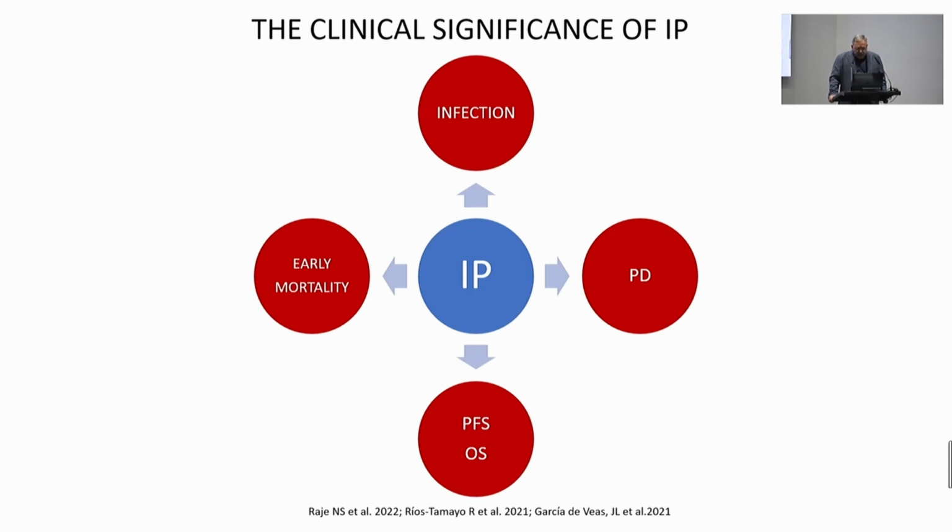In precursor diseases, the immunoparesis is associated with a risk of progression. And in patients with newly diagnosed multiple myeloma, several studies have demonstrated an increase and poor outcome in terms of PFS or OS. And in the last study we commented on previously, we also have an increased risk of early mortality.